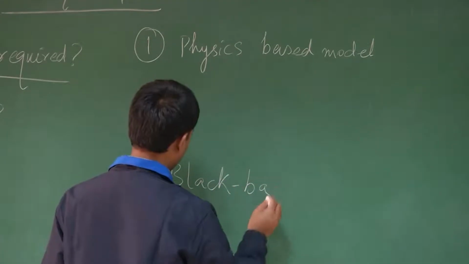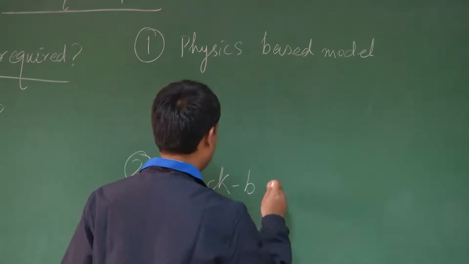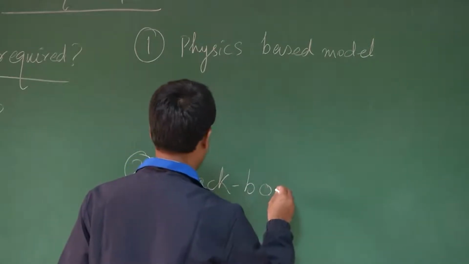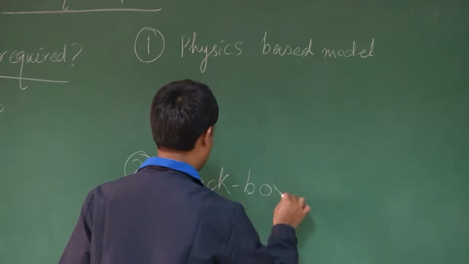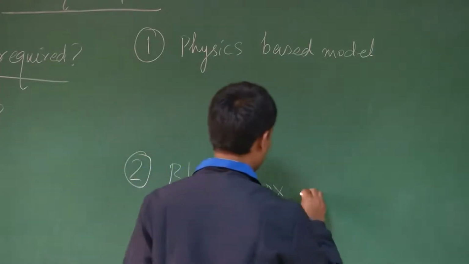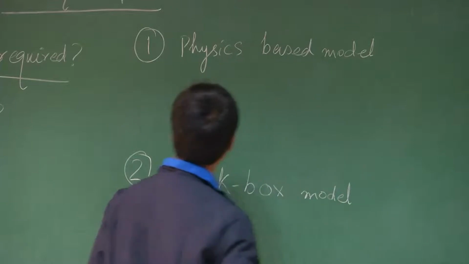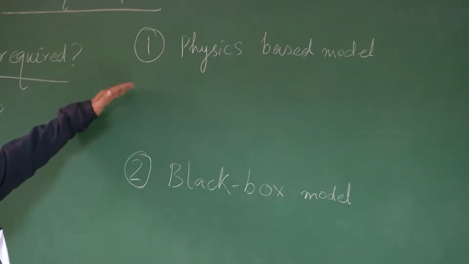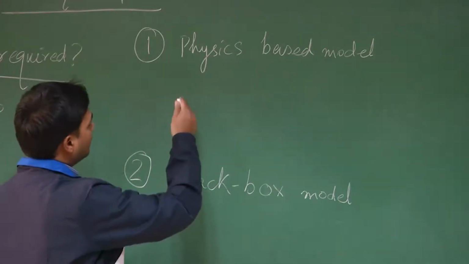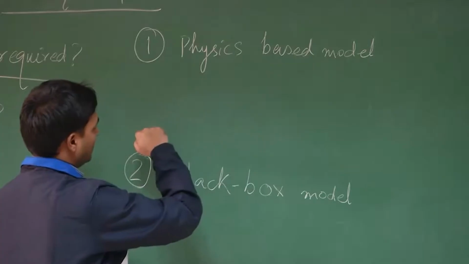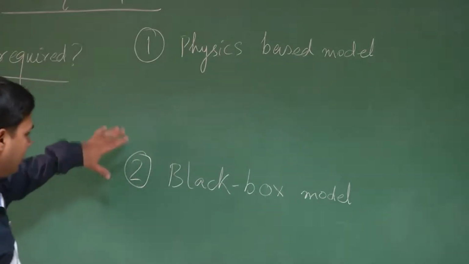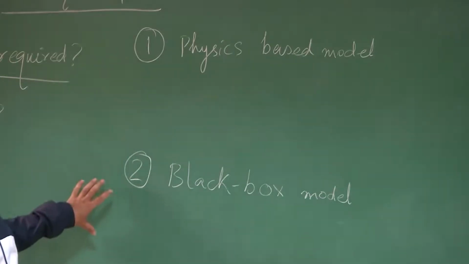So I'll tell you the difference. What is the difference between these two methods, these two class of model. Black box model. Right? So under physics-based model, there are several methods available for parameter estimation actually. So let us try to understand what is physics-based model and what is black box model.